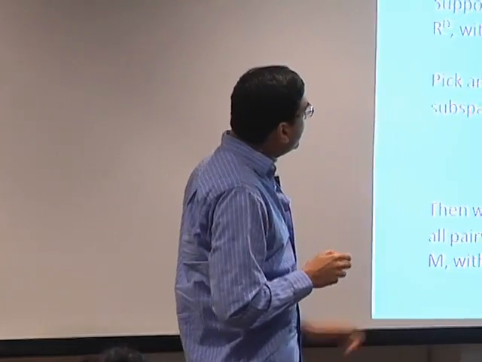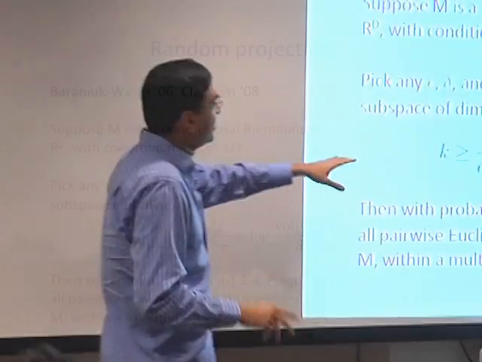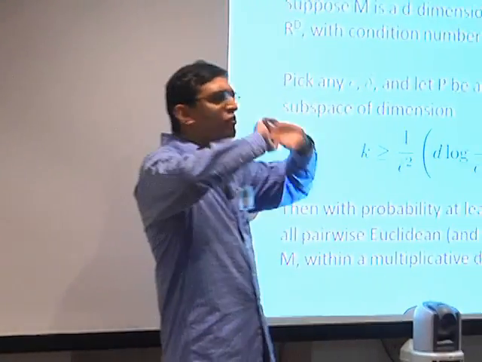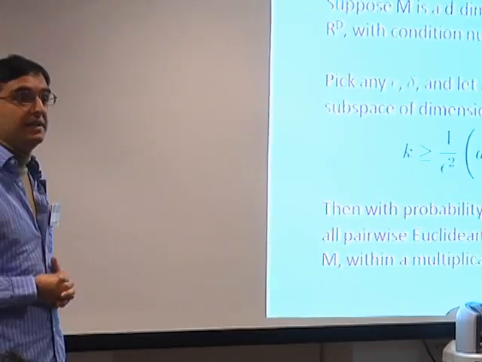What happens if you have infinitely many points, but they happen to lie on a manifold, one of these nice manifolds with a finite condition number? So what these people showed is that once again, a Johnson-Lindenstrauss type effect occurs. So the manifold, let's say it's little d dimensional, and it's in some super high dimensional space, it doesn't matter. You can project it to just order d dimensions.